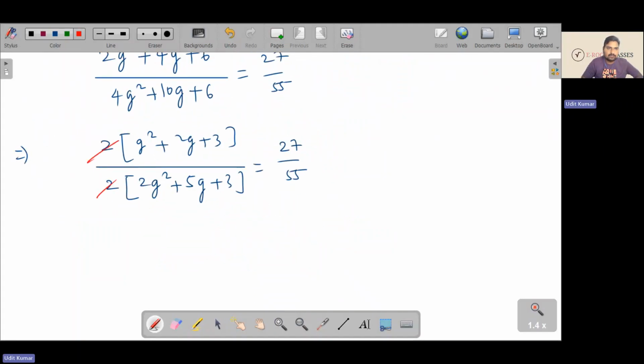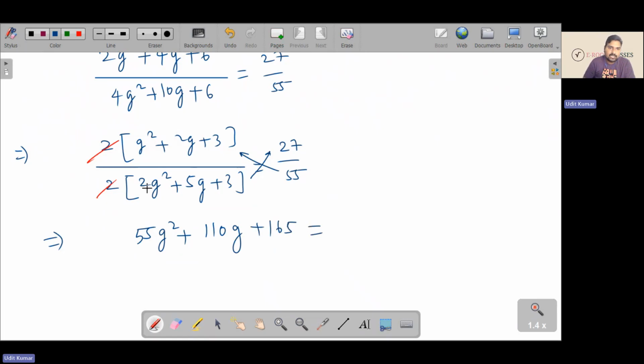And so I can cancel out these two easily. And also in the same step, let me do the cross multiplication. So let me use the calculator. So it will be like 55 times g squared is going to be 55g squared plus 55 times 2 is 110g. 55 times 3 will give you plus 165.